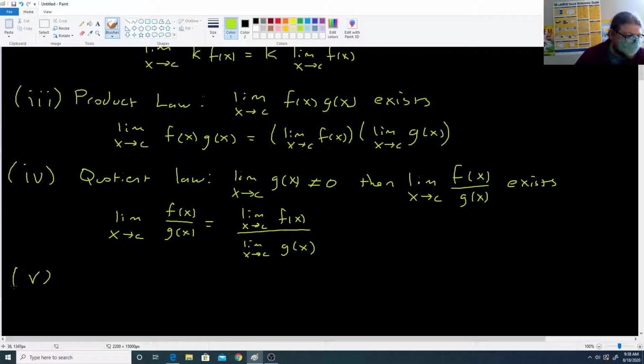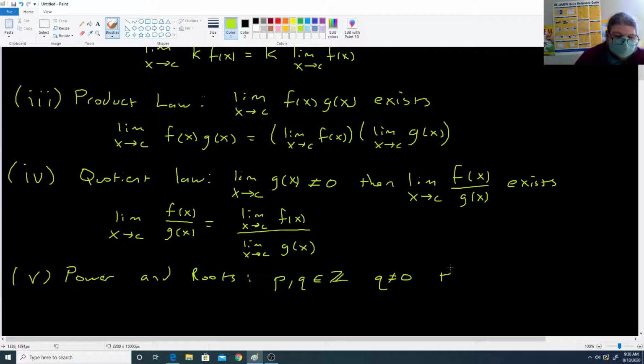All right, the last one has a couple things here. This last one is powers and roots. Sorry, let me write that out. We get p and q are integers with q not equal to 0.